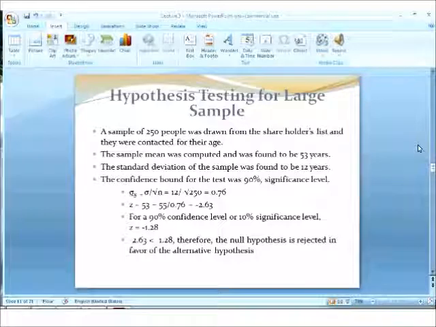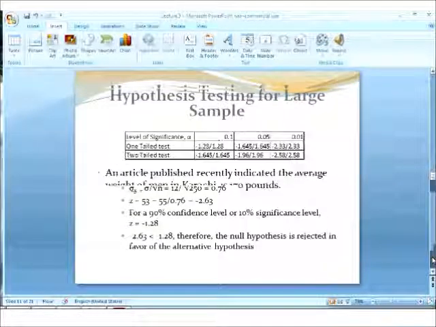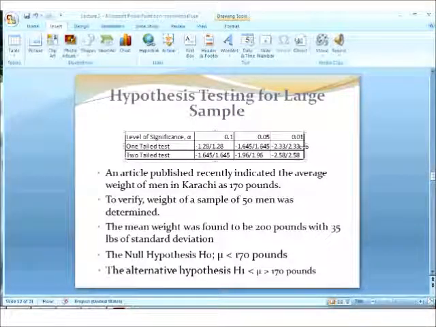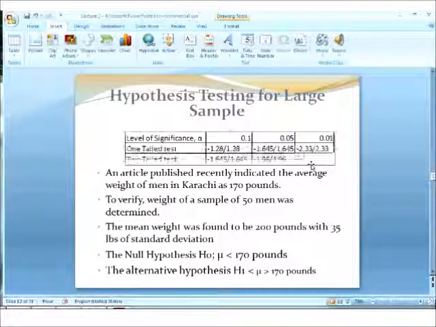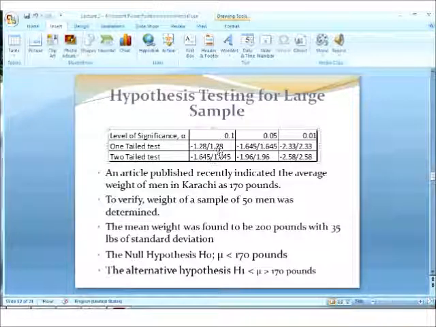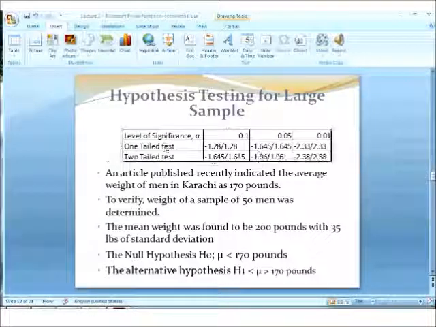So now this is one example. Now you see here, this is for the ease of your future use. I found this table from Schaum's series, and it was very helpful. It gives the standard z values for different significance levels: 0.1, 0.05, and 0.01.